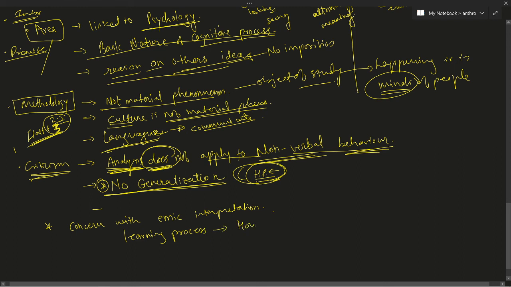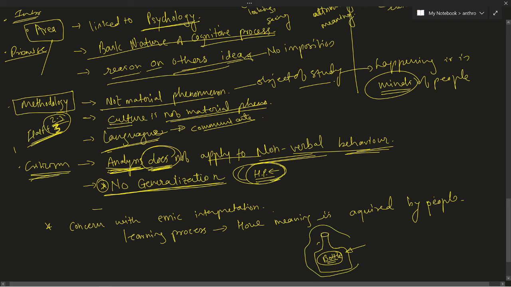For example, to be on the very neutral side, if I say that this is a bottle, this may be a bottle to me, this may be something else to someone else. So you have to understand that anything is related to the person.